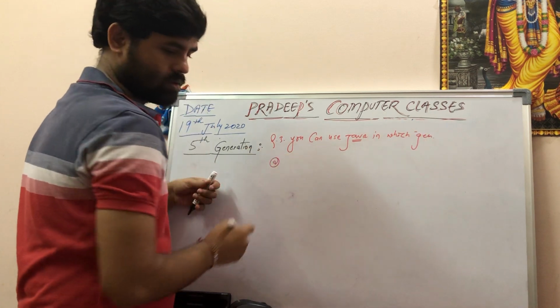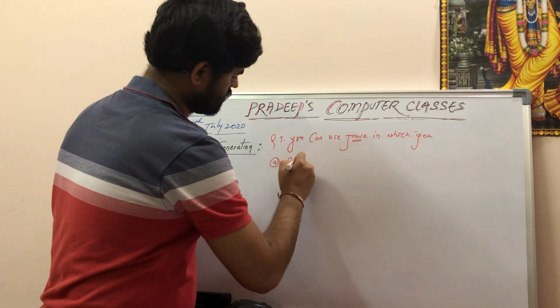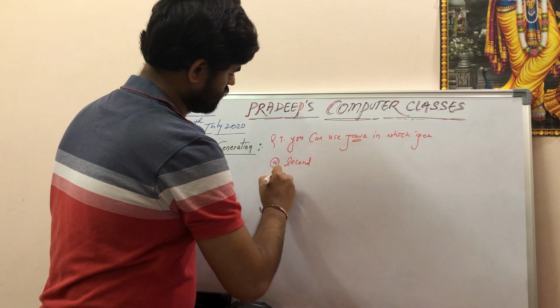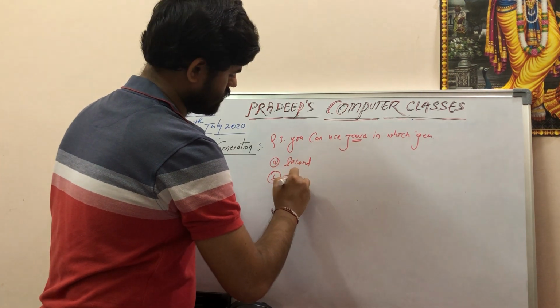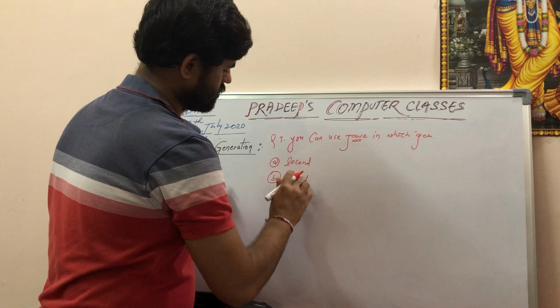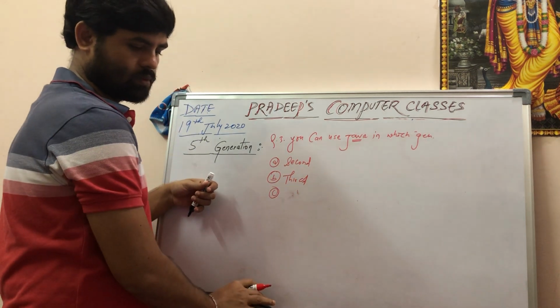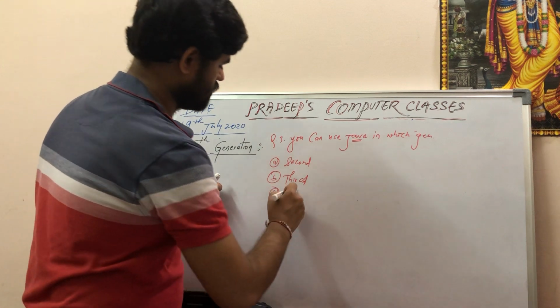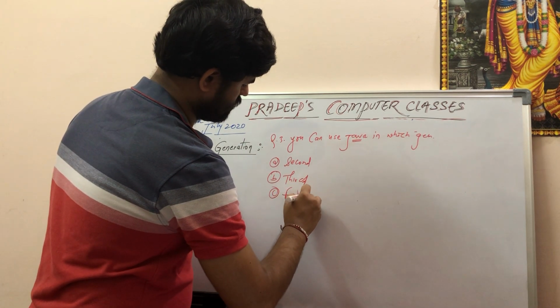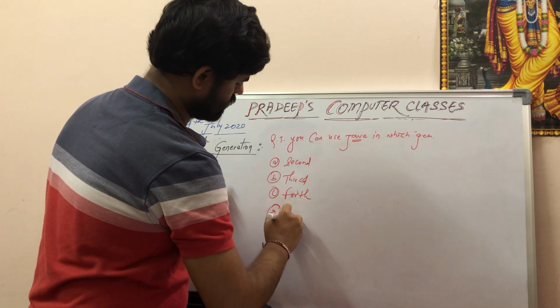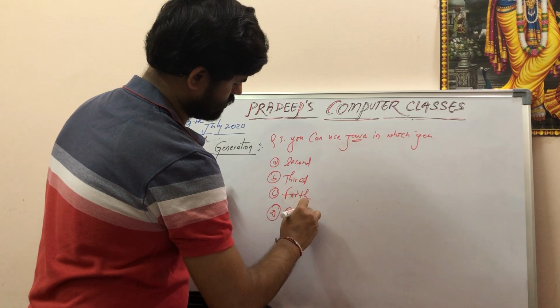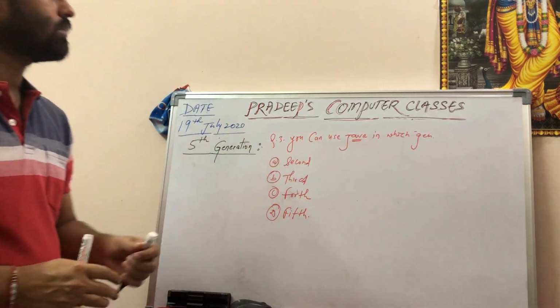A option is second, B option is third, C option is fourth, D option is fifth. You can use Java in which generation?